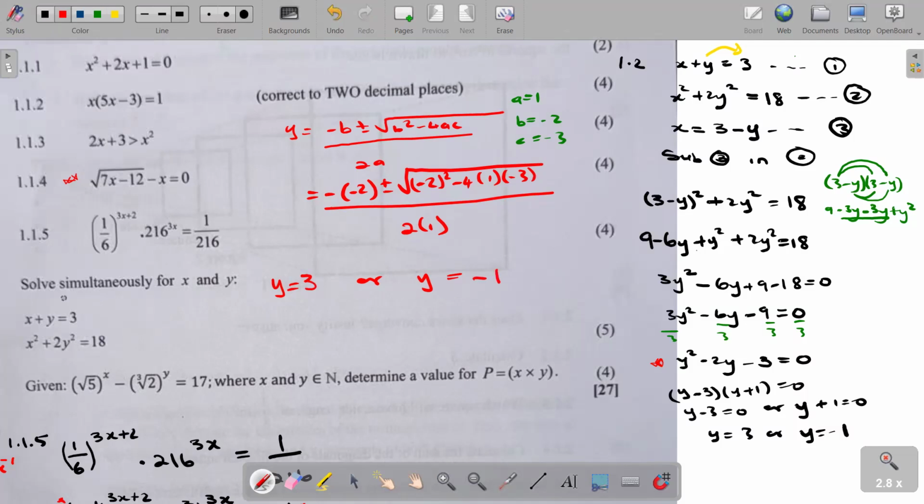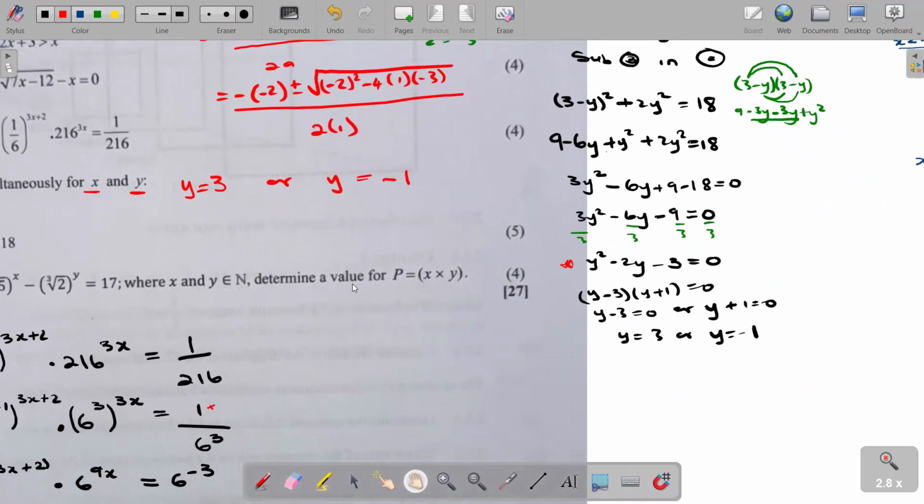But take note, the question wants you to solve for x and y. So once you get the y value as we get here, we now want the x value. So you have to go and substitute.